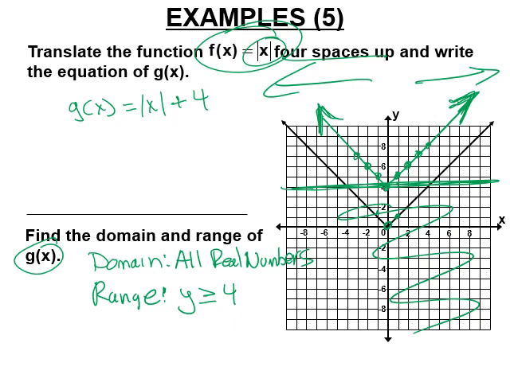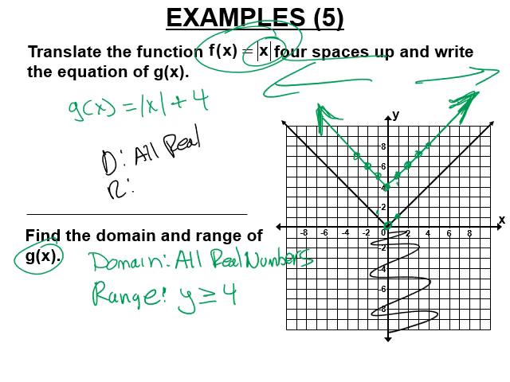Want to do the original function? The domain would still be all real numbers. The range there, right? Y can't be down there. It's always going up. So y would be greater than or equal to 0 there. Right? Domain, all possible values of x, range, all possible values of y.